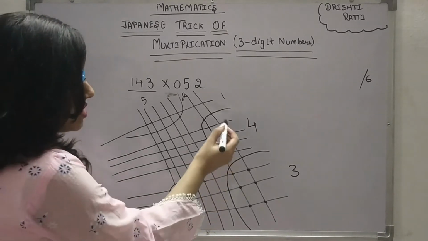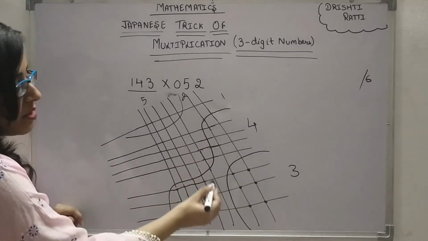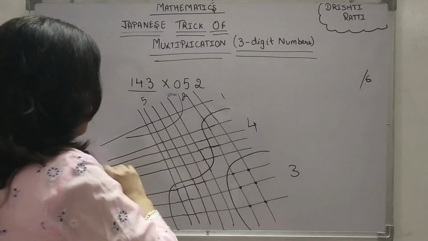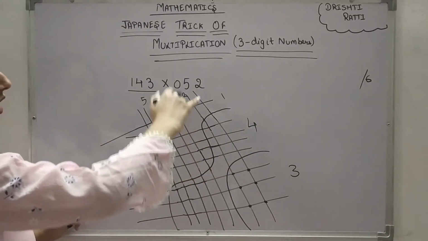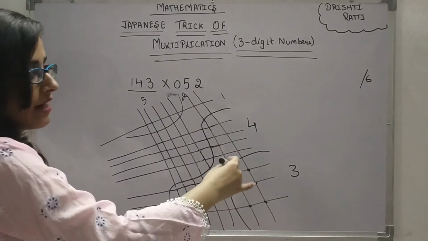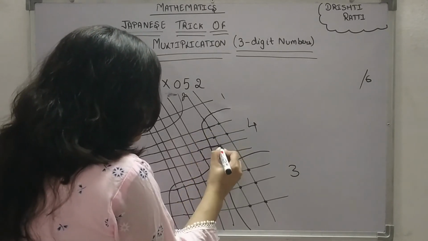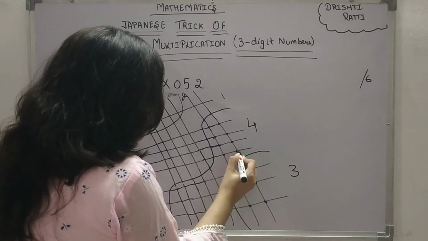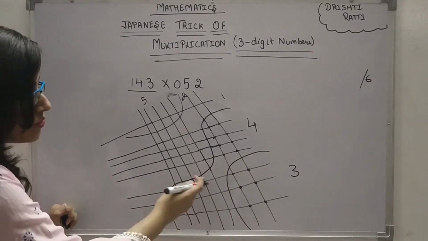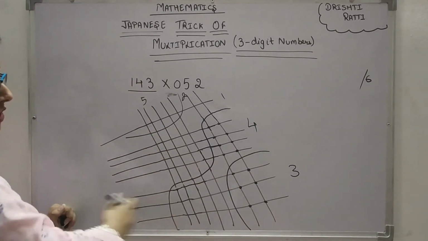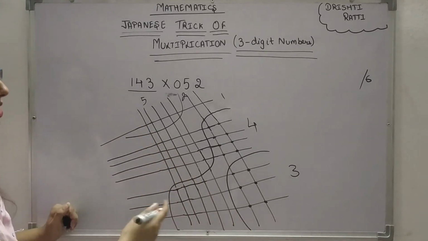Next one. Count the number of intersecting points in between this. It is 4 lines this way and 2 lines this way. That means 8. You can count that also: 1, 2, 3, 4, 5, 6, 7 and 8. Next one. You can see 5 and 3. 5 into 3 is 15.